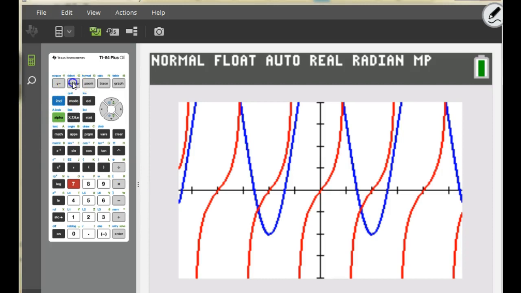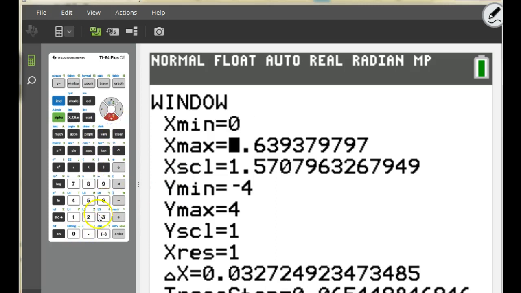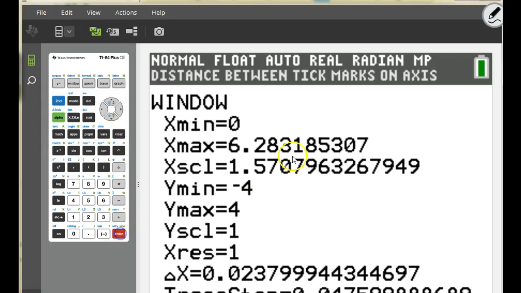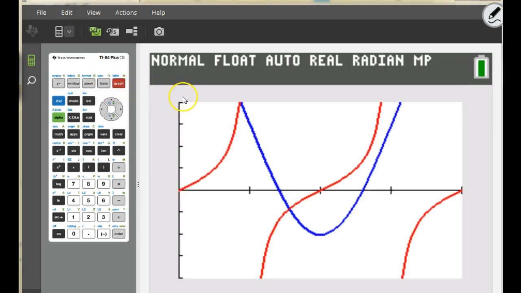You want to go to your window and set x to be 0 to 2 pi only, because those are the only ones you care about. So x min is 0, x max is 2 pi, and it's going to change it to a decimal. Now, you could change the y window if you have to. You could make it go up and down more, but across, these are the only ones we care about.